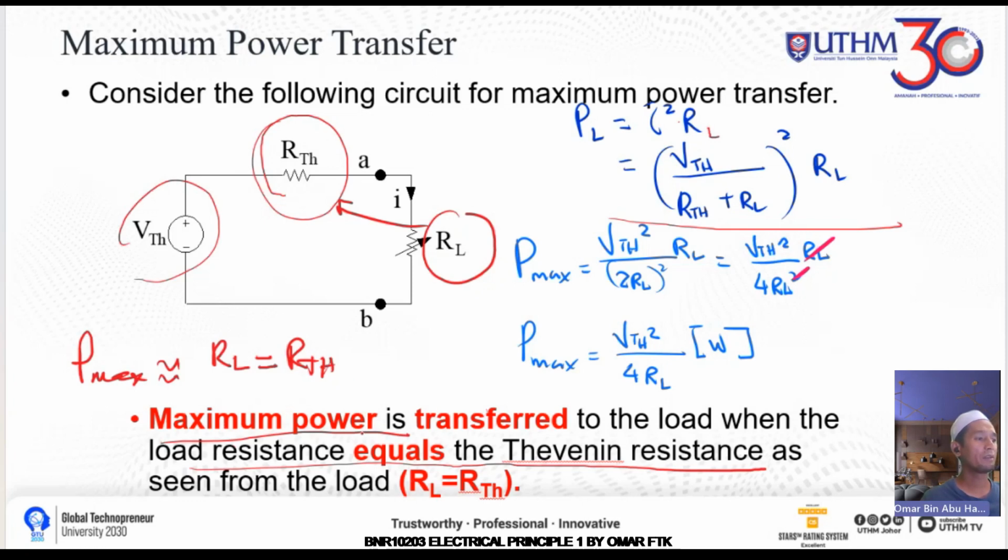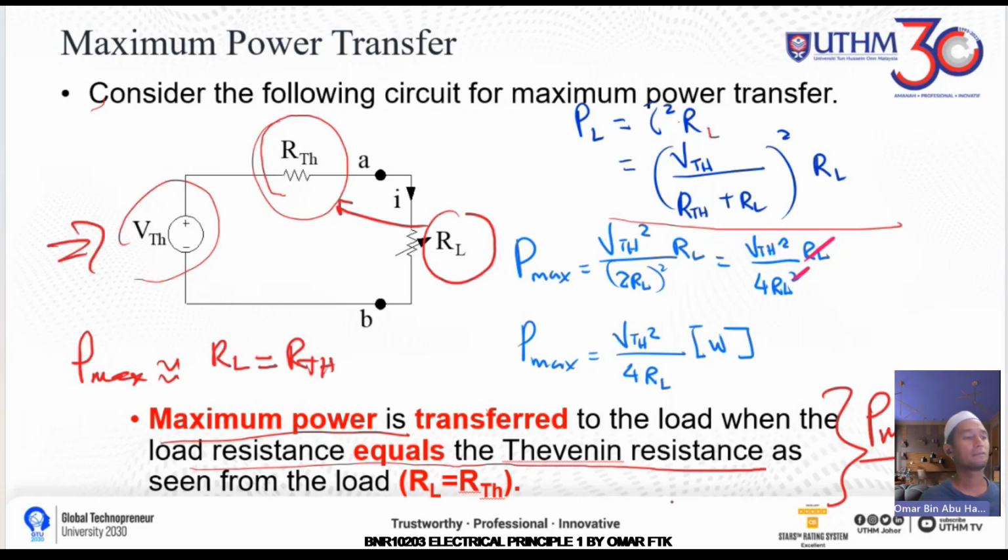This is the definition of P max, the maximum power, for the Thevenin circuit.